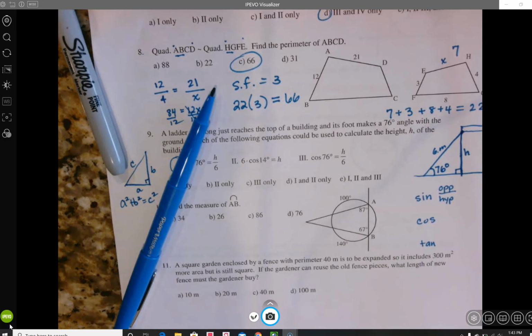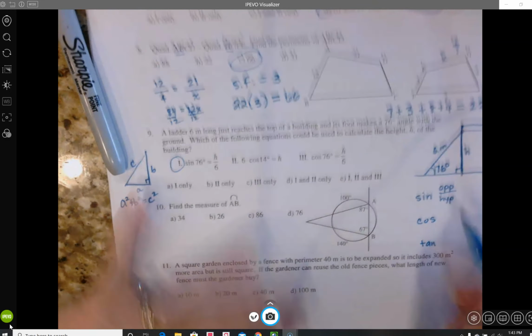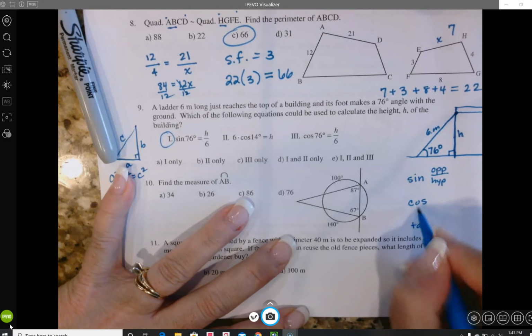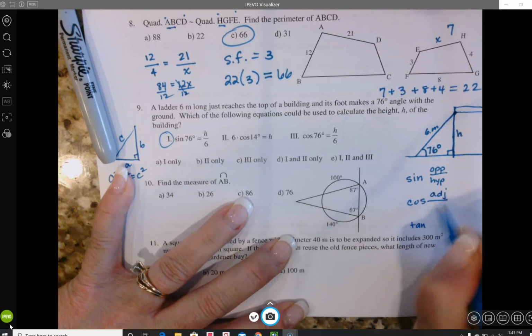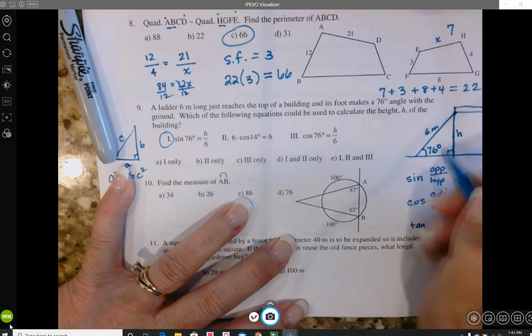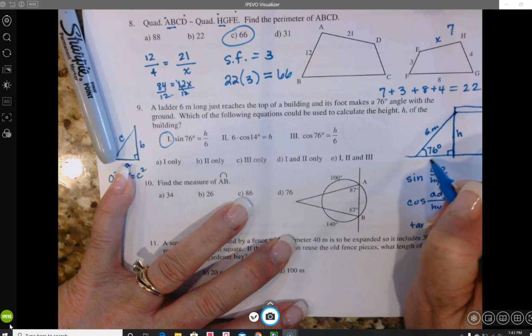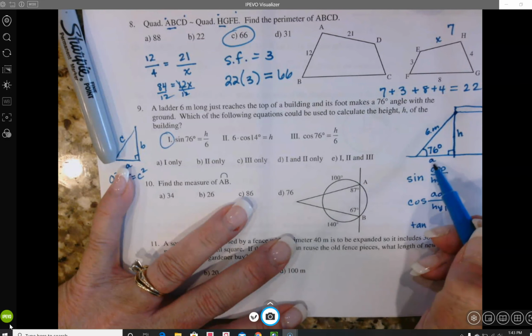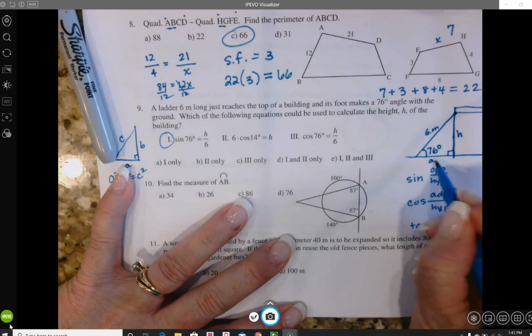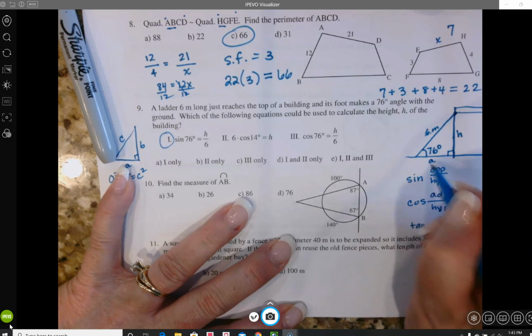All right, so our other trig ratios are going to be cosine, which is the adjacent side divided by the hypotenuse. And the adjacent side is over here. It's touching the angle. So that cosine ratio is not going to help me find the height because that would be this a divided by 6.